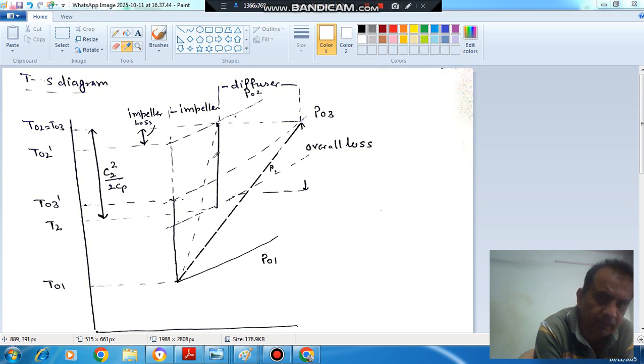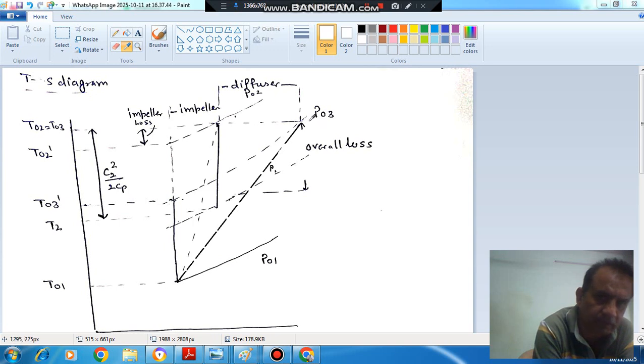And this is the line to find the static condition from the stagnation condition. Now if the process is isentropic, then corresponding to pressure P03, T03 dash would be the temperature.